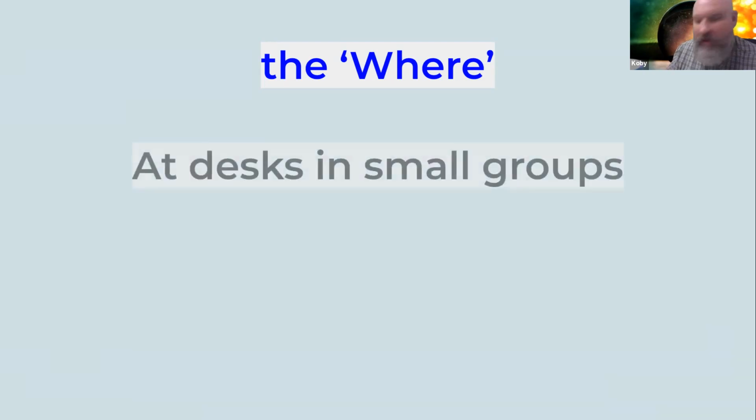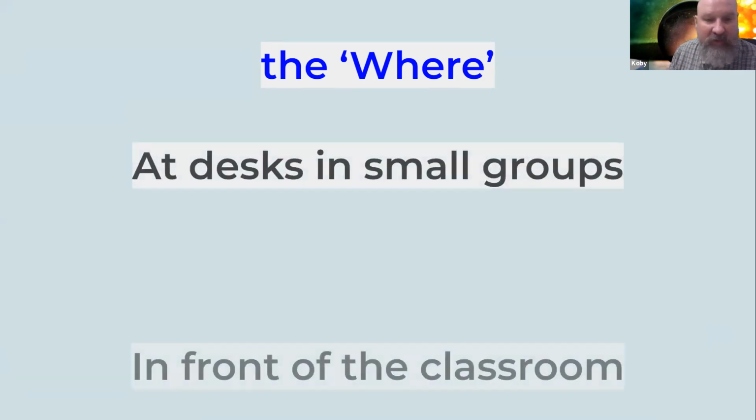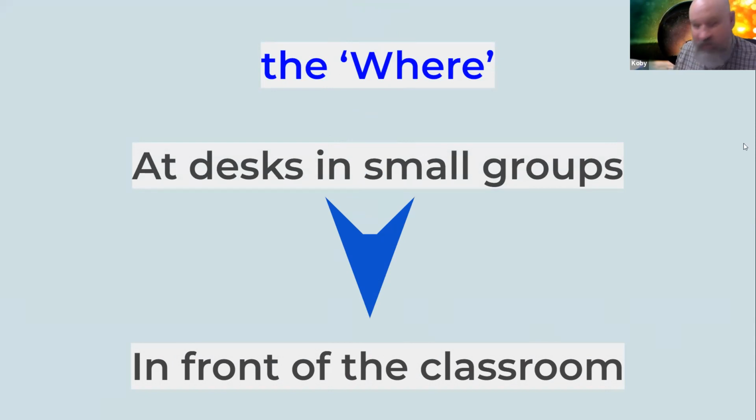And most of the topics are personal, and these are not really being evaluated. They're getting more comfortable with speaking in front of people in the second language. And then eventually I'm moving from small groups at their desk to in front of the classroom. And that's the goal, to go from a level of high comfort and low stakes to something that's a little more difficult for all of us to do, which is talking in front of a group. So that's the where.